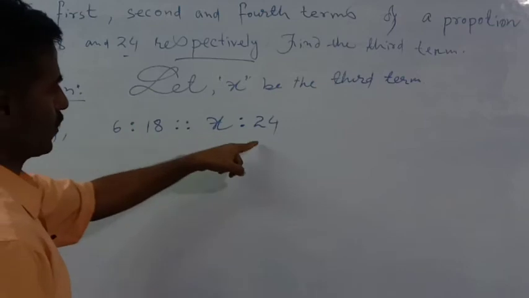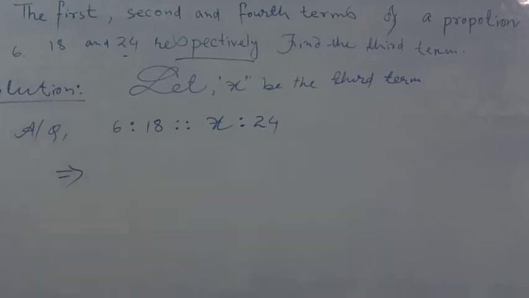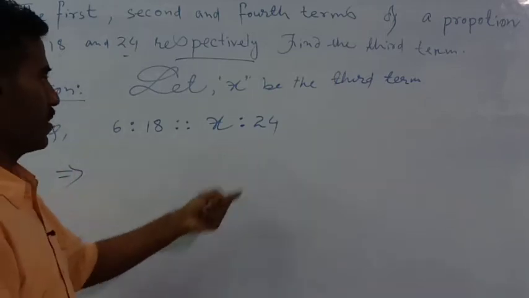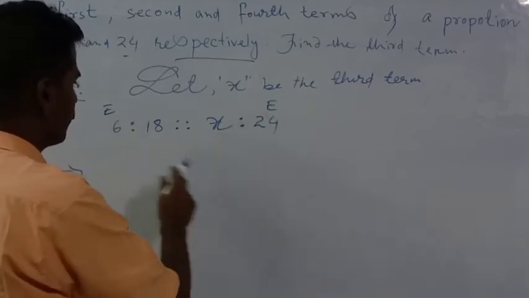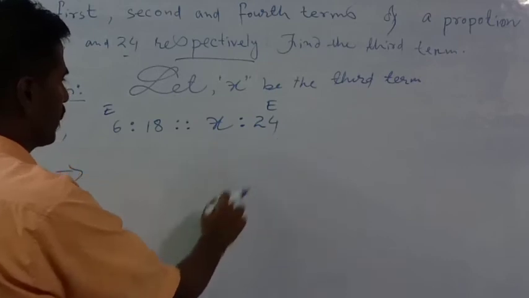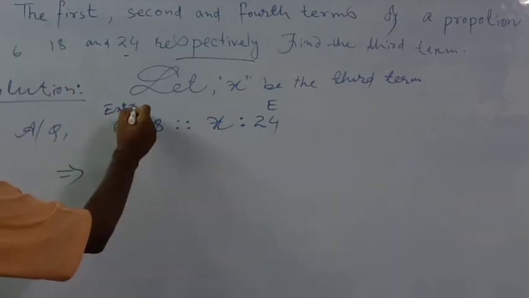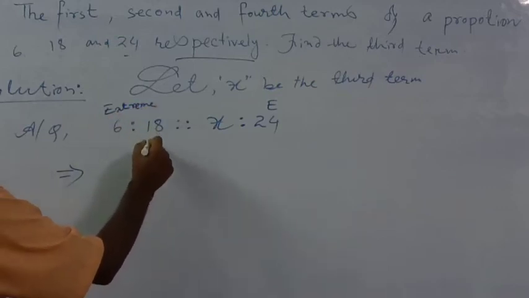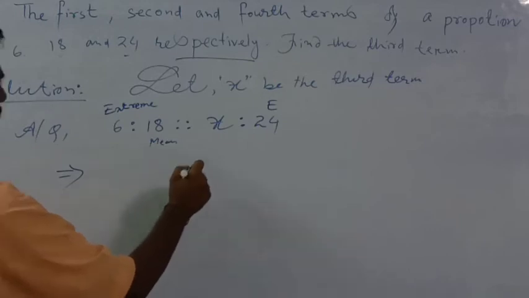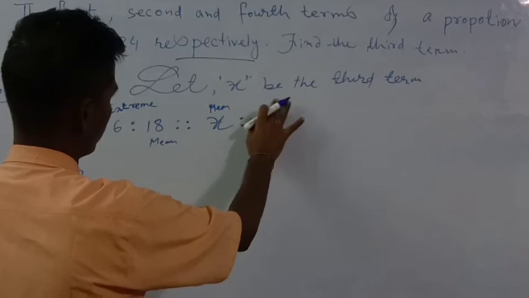Now see, in the following step, we know in a proportion, this 6 is an extreme, and this 24, the first term and the fourth term, are called extremes. You don't need to write "extreme" here. And this 18 is a mean. Here this x is a mean and this 24 is an extreme.